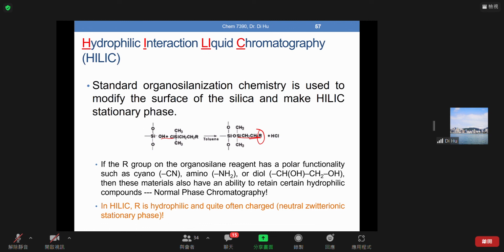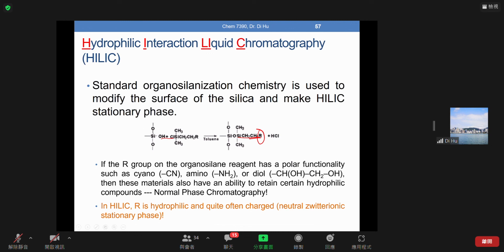Hexane or methylene chloride, DCM. When you're using LC nowadays, you're normally using LC-MS, right? So do you think a solvent like hexane is a good solvent for an ESI mass spectrometer? Is it? Yes or no?